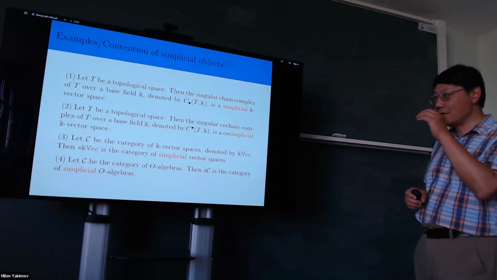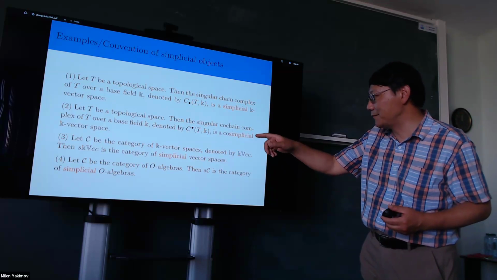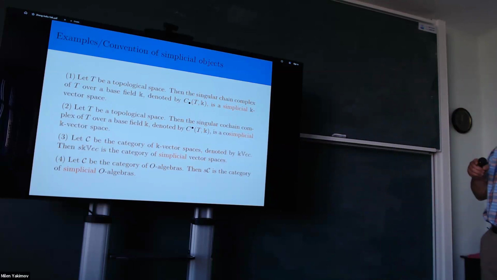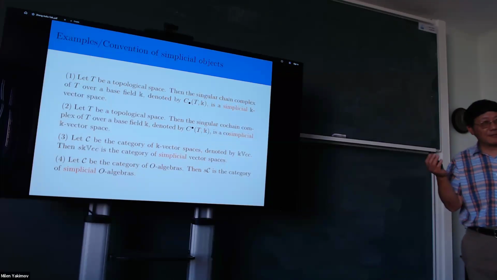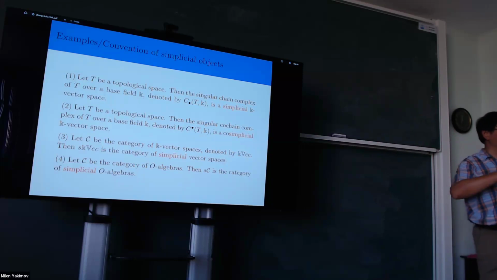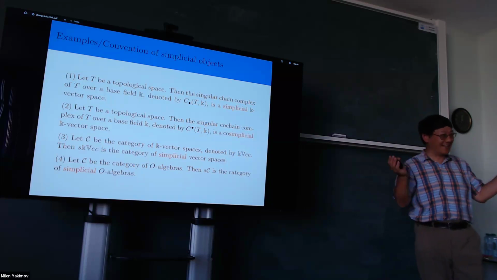For our purposes, if C is the category of O-algebras, where O is an operad, we can consider all the O-algebras together. This is a category. By the way, it's really easy to form a category, right? Anything is a category.